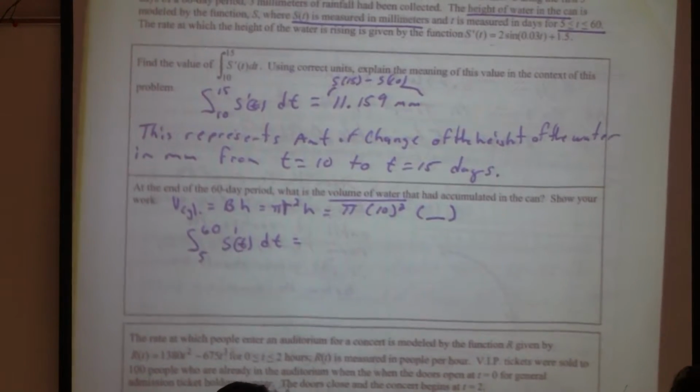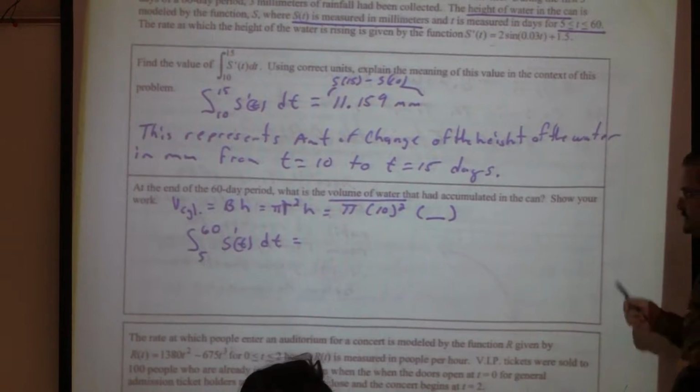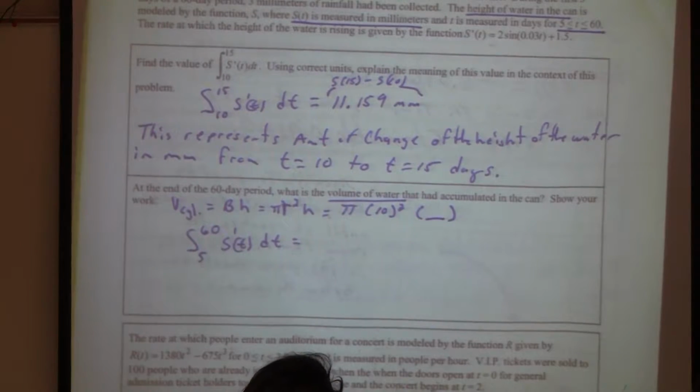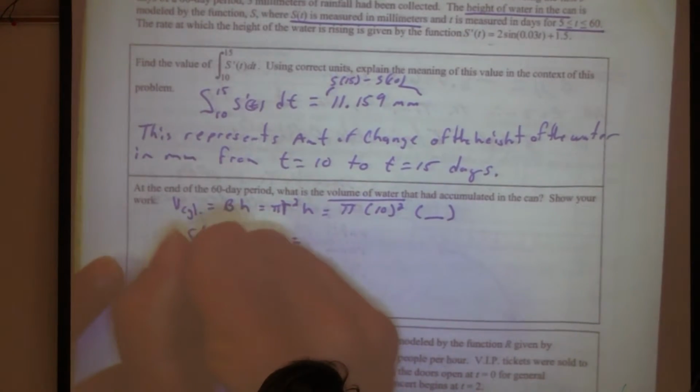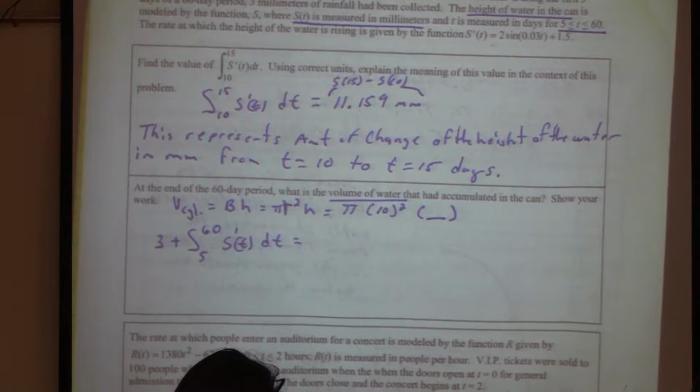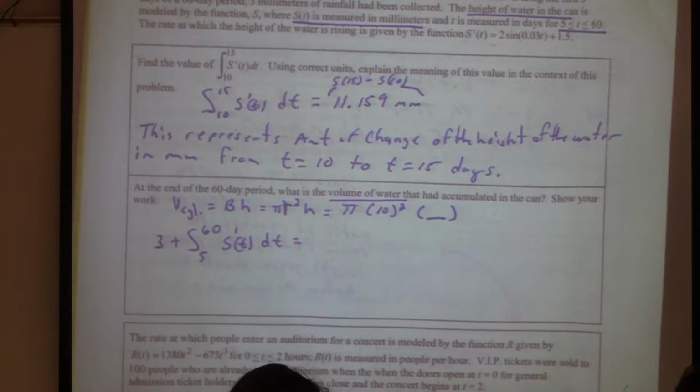But that's not the height in the whole period, right? We would have to add what? Add 3, right? Because the 3 would be from the first 5 days. So in the first 5 days, we were already at 3. And now I'm going to find out how much more it changed and add them together, and that'll tell me the height of the water in the can.